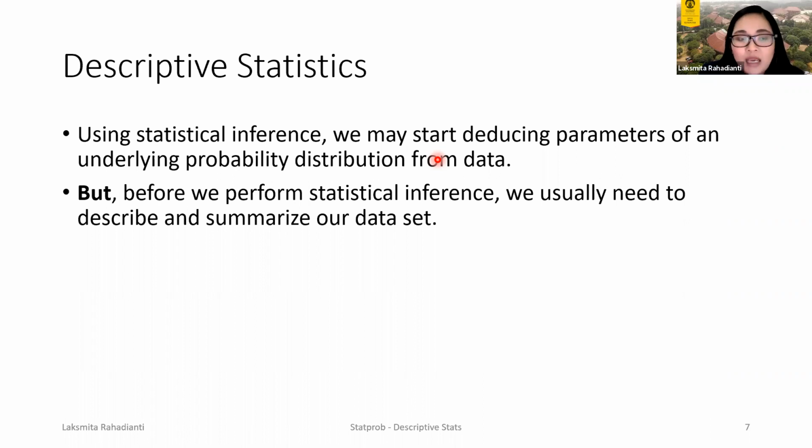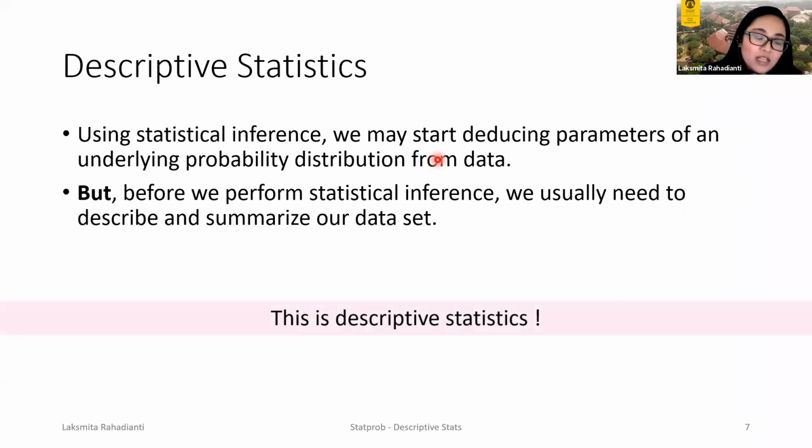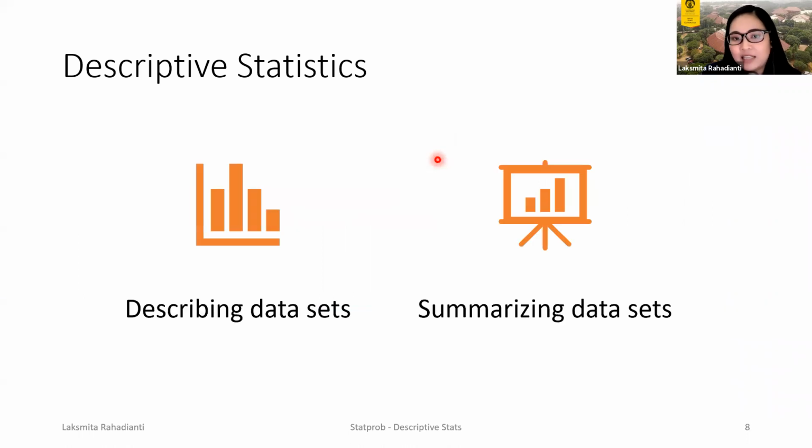So we need to be able to describe our data and summarize our data set before we can do any inference. This is what is called descriptive statistics. This is the first topic of this course, how we are going to describe and summarize our data set. I'm going to divide this topic into two main parts: how we can describe our data sets and how we can summarize our data.